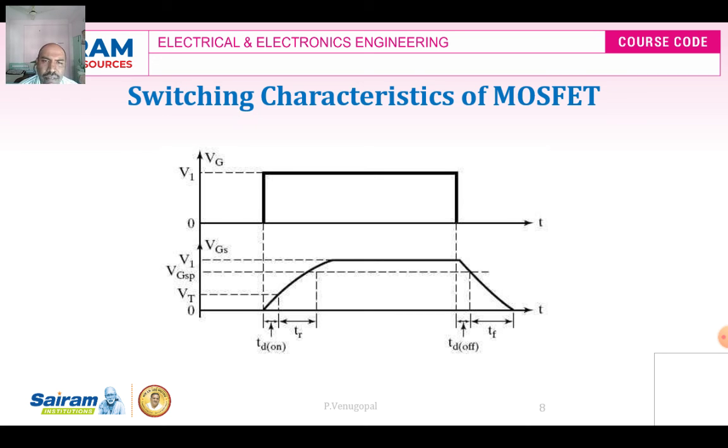As soon as the gate voltage becomes 0, the device will not respond immediately. After a little time, the gate voltage starts decreasing. The time taken for the gate voltage to decrease from its maximum value, V1, to VGSP is called delay time off.